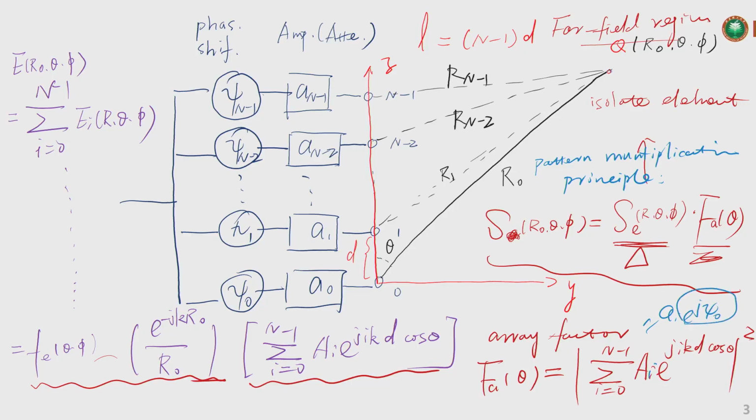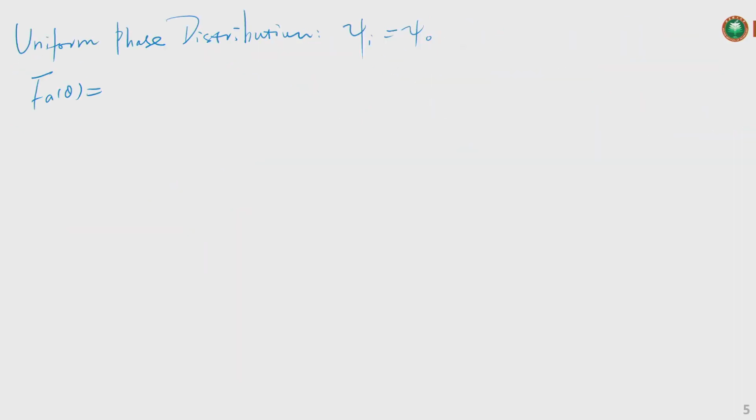So this becomes a constant and it can move out of the sum. So it equals e^{jψ_0} and absolute square, and inside is the sum over i equals 0 to n-1 of a_i e^{jikd cosθ}, squared, right?